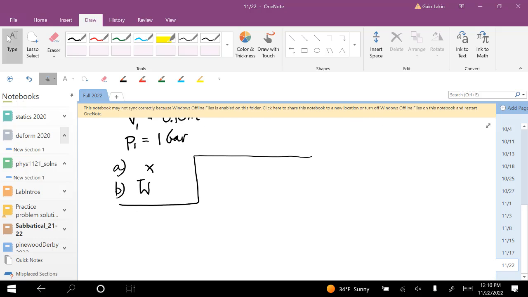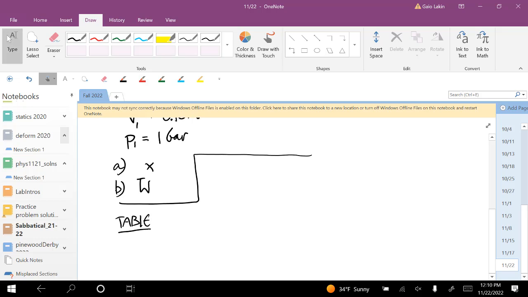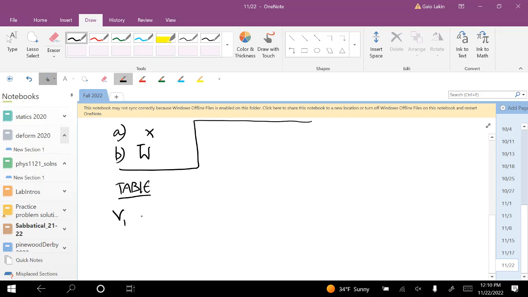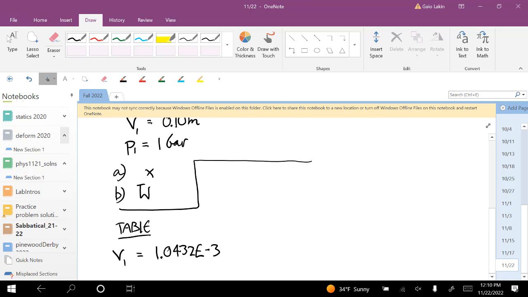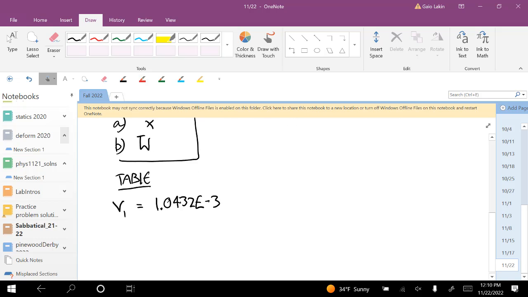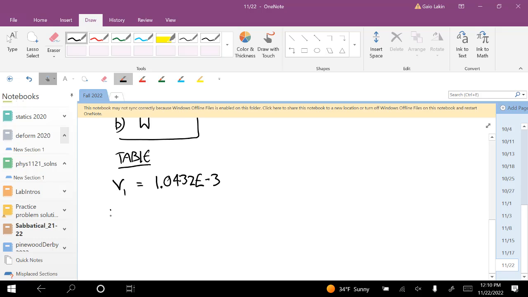So we know that the specific volume at state 1 is 1.0432 times 10 to the minus third. And we know that the specific volume is the extensive volume divided by the mass.